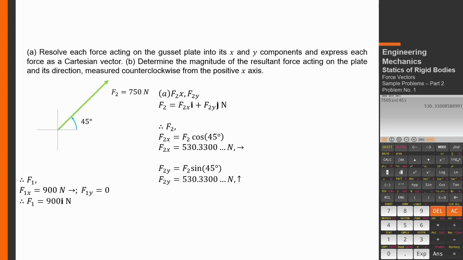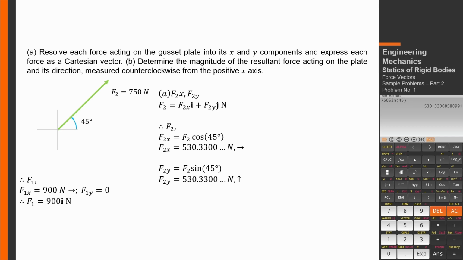Pwedeng ganito yung maging sagot. No? Ibig sabihin, may kadugtong pa siya na yung 530.3300. Kung baka hindi ka nag-round off, may kasunod pang numbers. So, ellipsis. Tapos, yung sa y component ng second force, F2, so 530.3300 din, newtons upward.